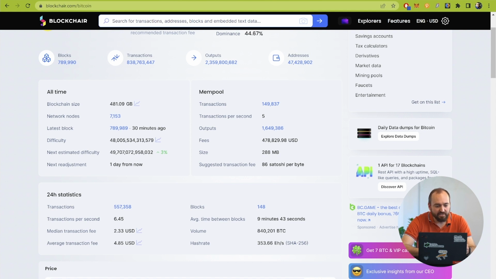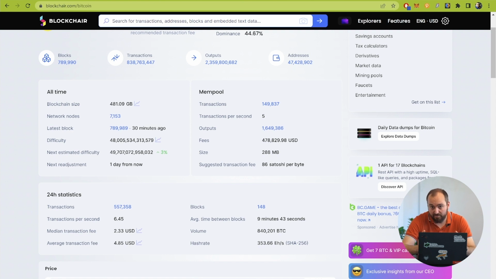Initially, we see the blockchain size. Right now it's around half a terabyte for Bitcoin. That means every miner of Bitcoin keeps the whole blockchain, half a terabyte, on their computer.